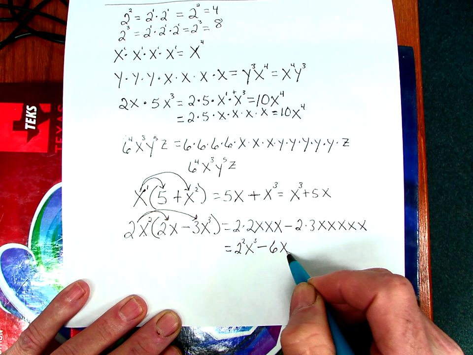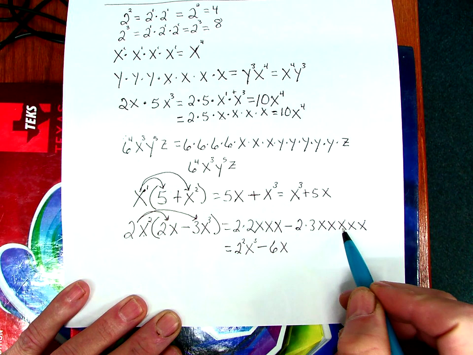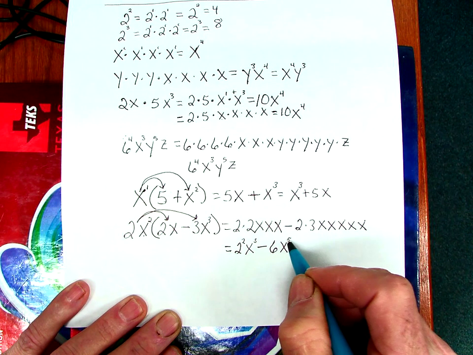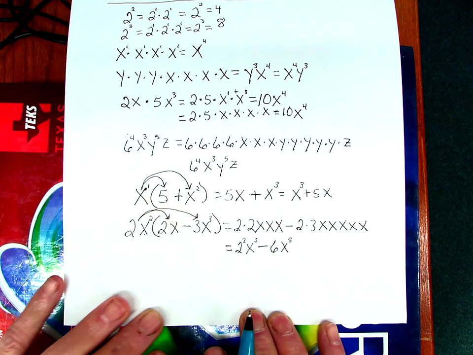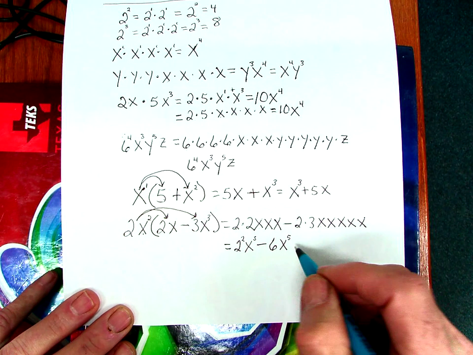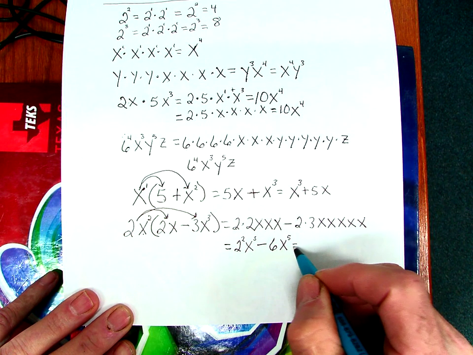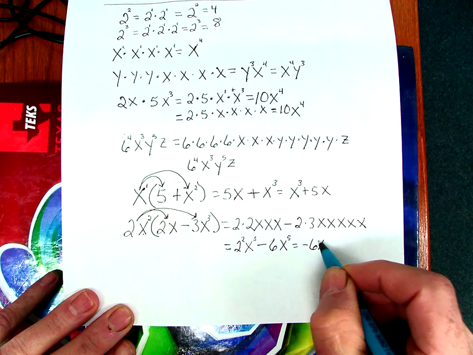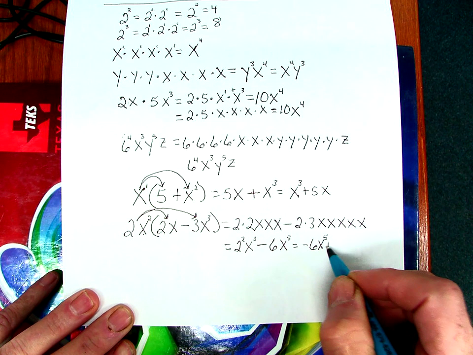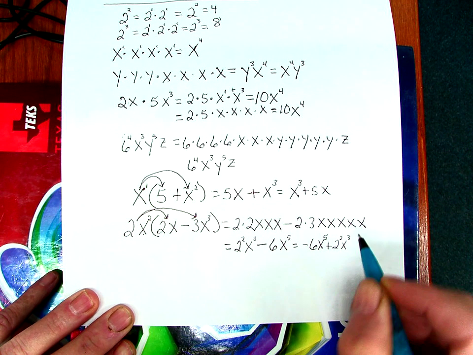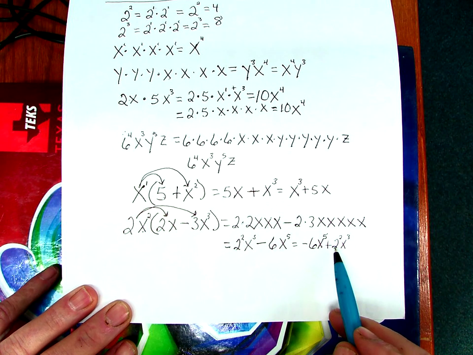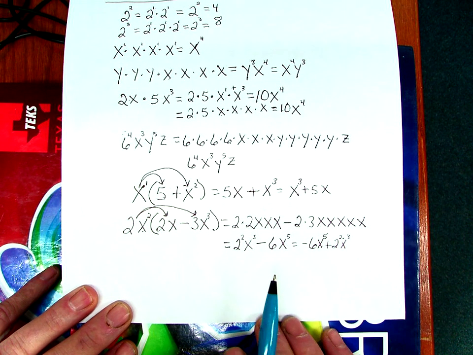And then we have more x's. 1, 2, 3, 4, 5. x to the 5th power. And that's done. To put them in the correct order, it would be negative 6x to the 5th plus 2 squared x to the 3rd. And you would generally want to go ahead and do 2 squared, which is 4. So 4x to the 3rd.